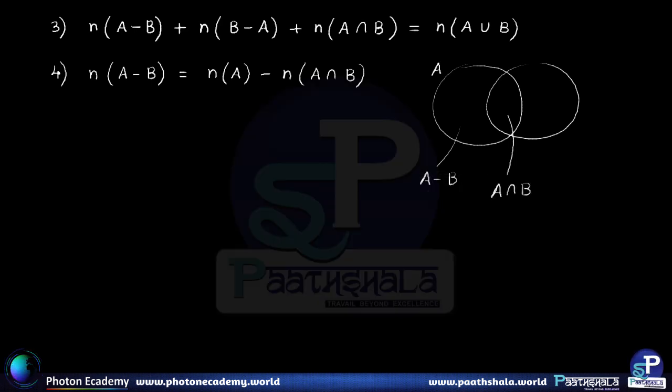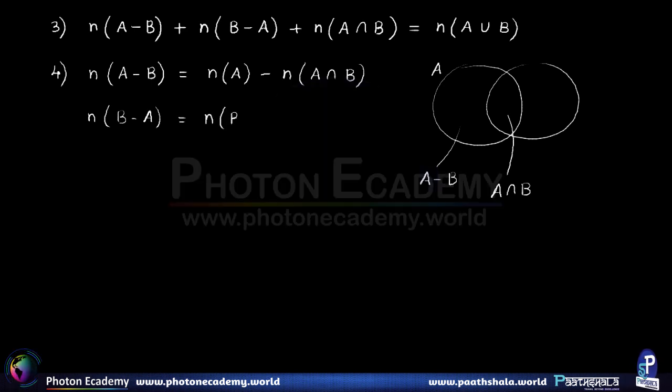So from A, if you remove the portion of intersection region, what remains is the subtraction region, that is A minus B. And similarly we can write its counterpart, that is n of B minus A is nothing but n of B minus n of A intersection B, or B intersection A.